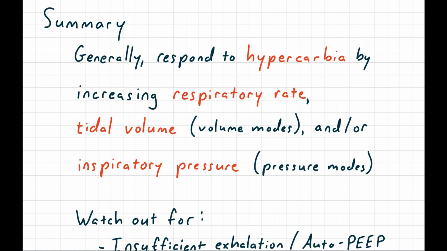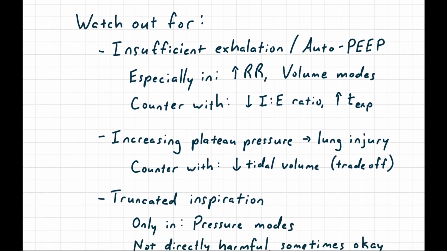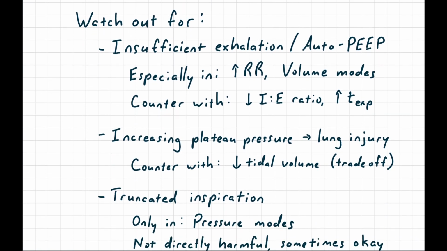To sum up, today we looked at examples of responding to hypoventilation with hypercarbia by increasing the respiratory rate, tidal volume, and/or inspiratory pressure. And just as importantly, we looked at a few trade-offs that we need to watch out for as we make these changes. Insufficient expiration, or auto-PEEP, is a risk, especially when increasing your respiratory rate in volume control modes.